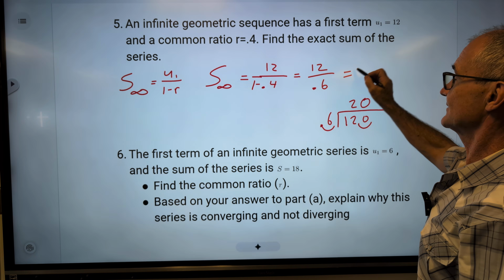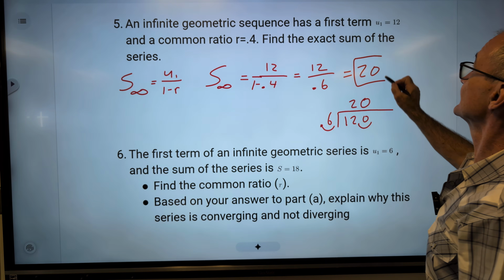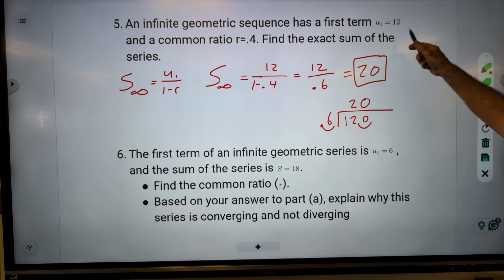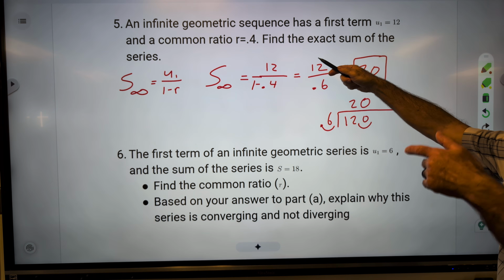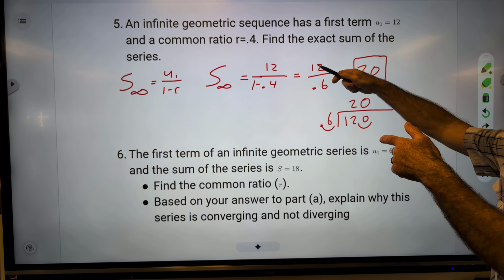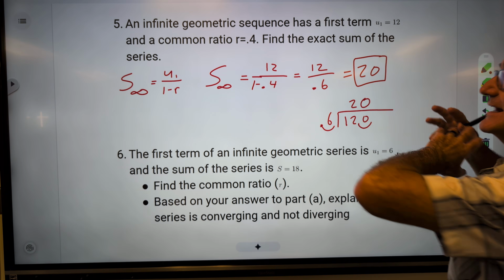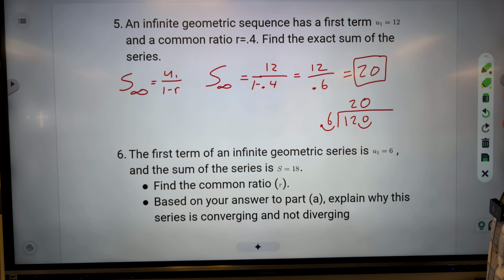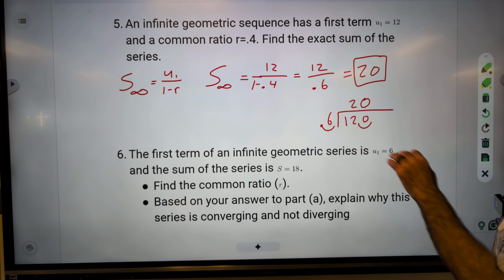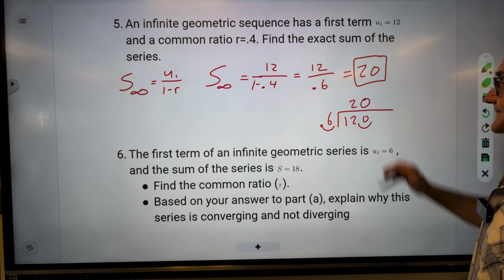So the sum of this series is 20. So I do 12 times 0.4 for my second term, that times 0.4 for my third term. I add up that infinite sequence, and it adds all the way up to 20.